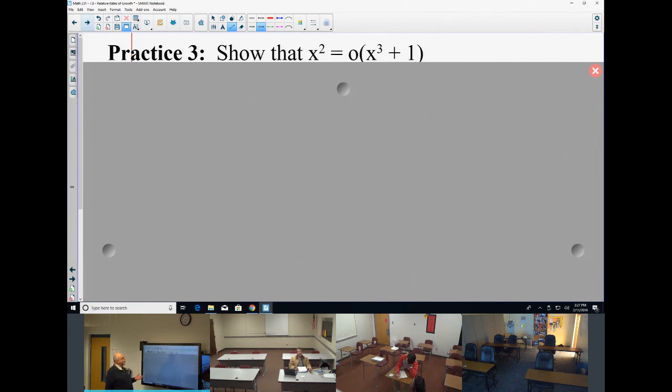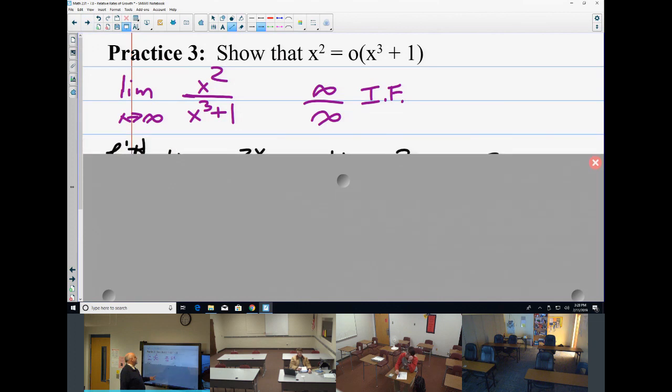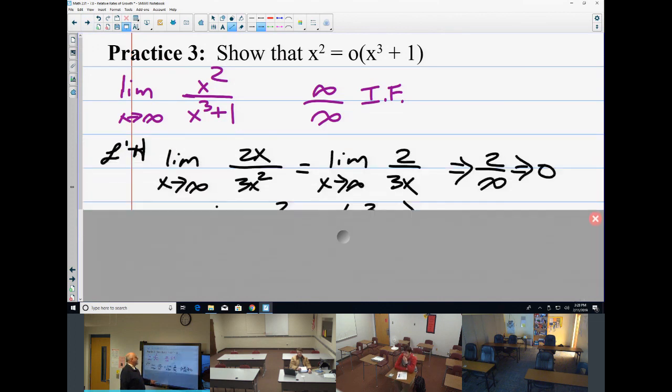If it says show that x squared equals little o of x cubed plus 1, basically it's asking you to do what we've been doing, but when you do it, the x squared should lose. It should grow slower. Basically, if you put x squared on the top, you should get 0.